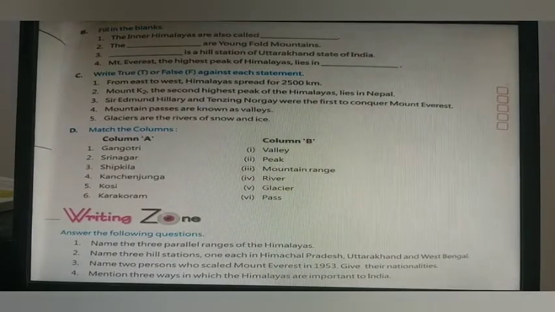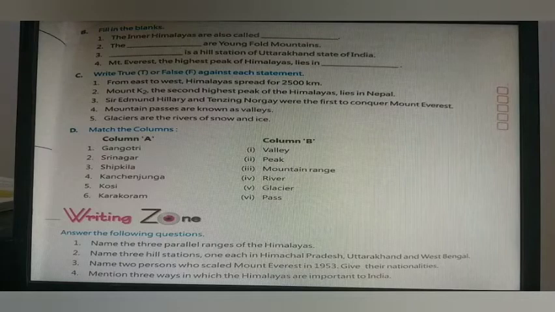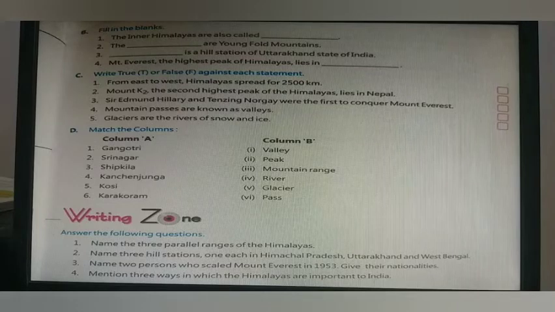Now, let's do fill in the blanks. Exercise B. First, the inner Himalayas are also called Himachal. Second, the blank are young fold mountains. Yes, this is Himalayas. Third, blank is a hill station of Uttarakhand state of India.